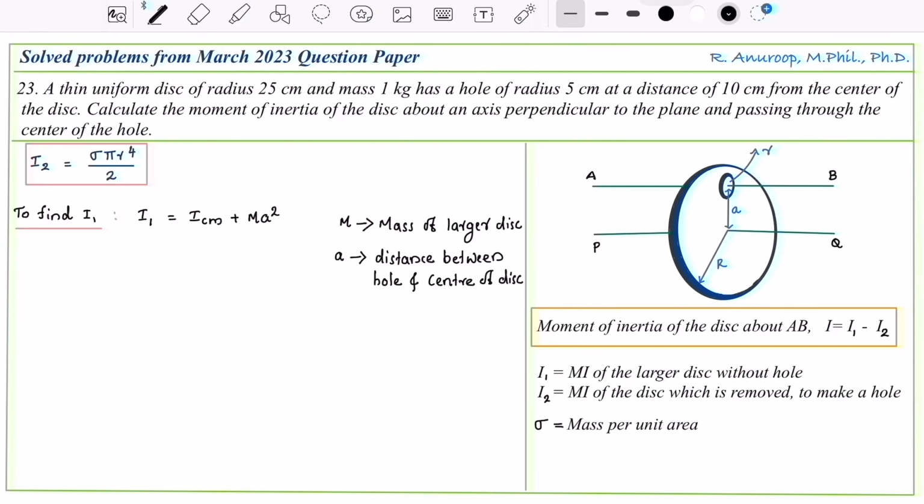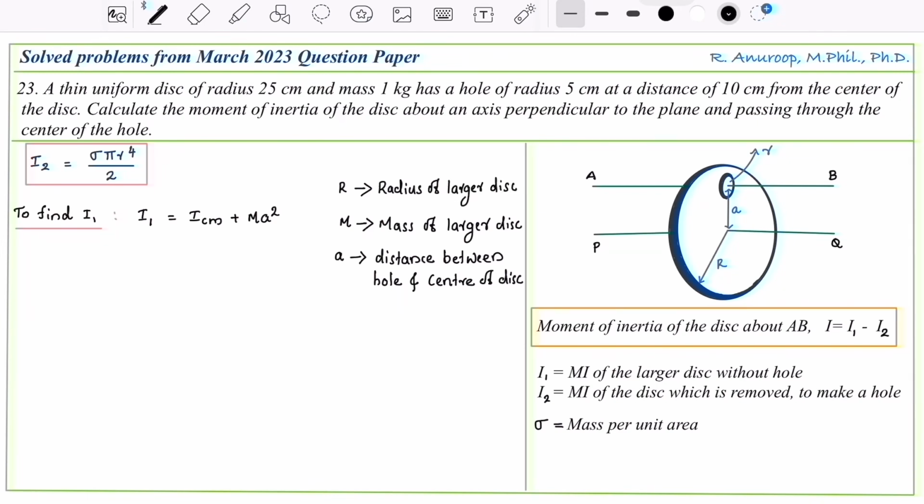That is, the moment of inertia of the larger disk about AB is ICM plus Ma square. ICM is the moment of inertia of the disk about PQ. Let capital R be the radius of the larger disk.